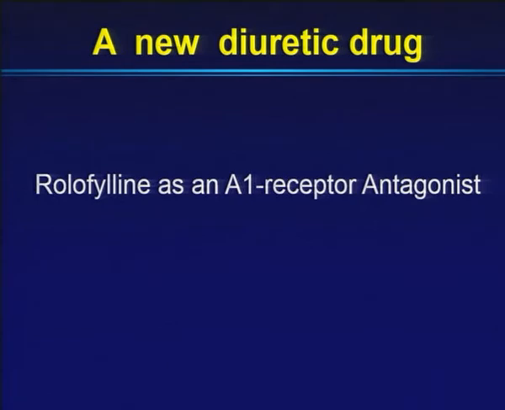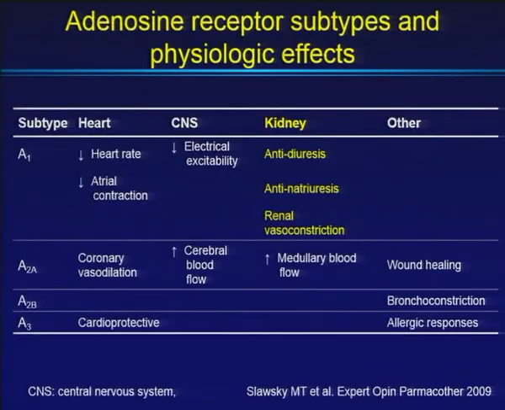Another topic is a new diuretic drug, rolofylline, an A1 receptor antagonist. Adenosine is well known to have multipotent effects in multiple organs. But for the kidney, A1 receptor stimulation causes antidiuresis, antinatriuresis, and renal vasoconstriction, which is bad for the kidney.